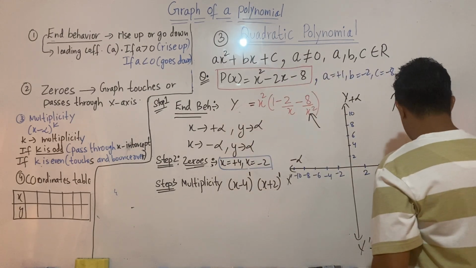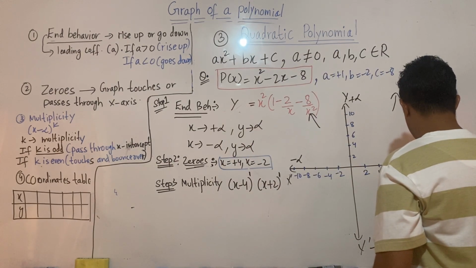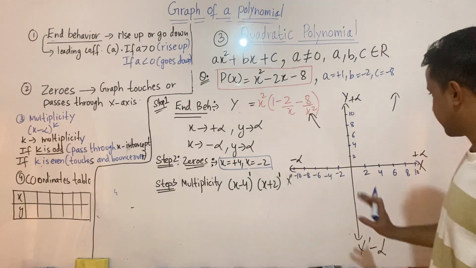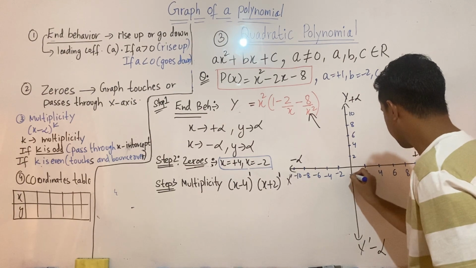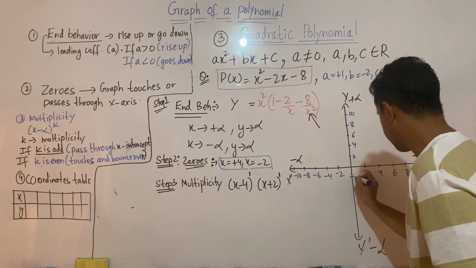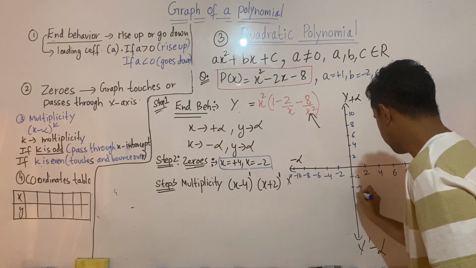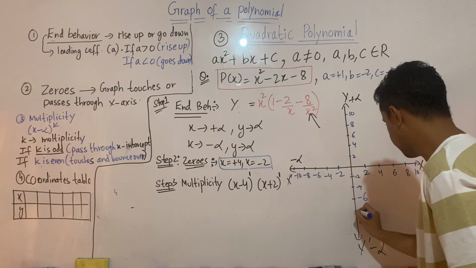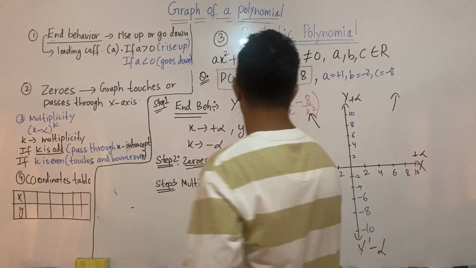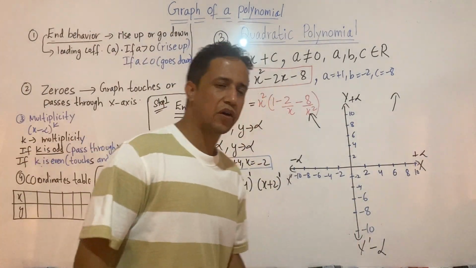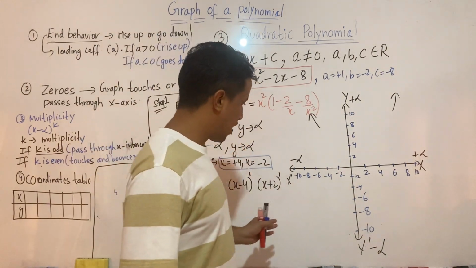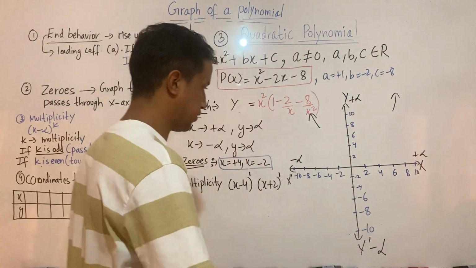Here, if you extend it, positive 10, and negative 10 here, negative 2, negative 4, negative 6, negative 8, negative 10. Okay, just a few values, because otherwise we have to use lots of area for this graph.